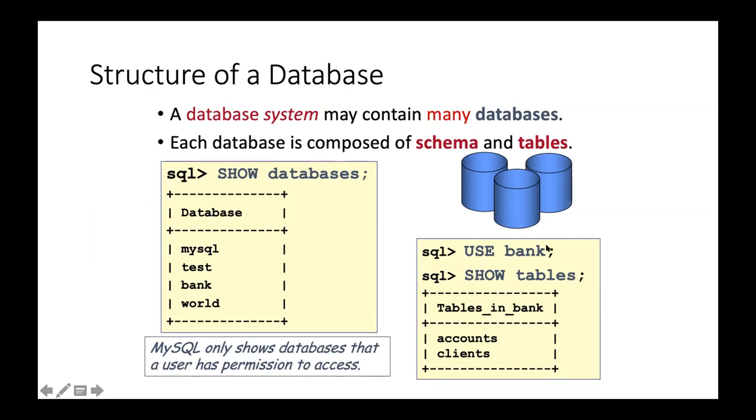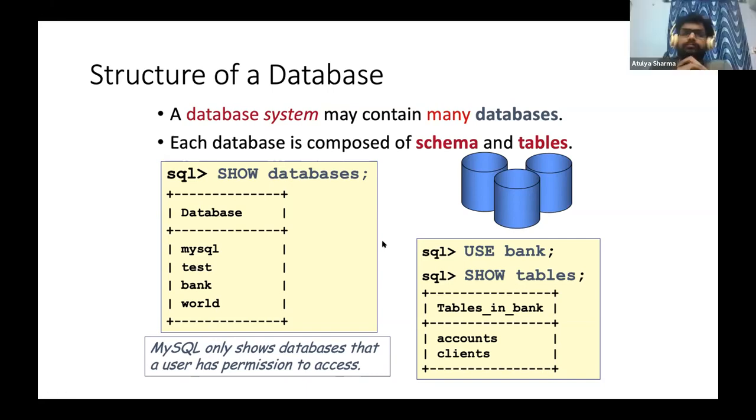If you have mentioned use bank and you go down and write show tables, it will not show you tables in the test database or any other ones. Which also means that if you're trying to access a table which is in another database, but your active database is bank, it will throw an error. Let me show you that in the live thing, what I'm trying to say.